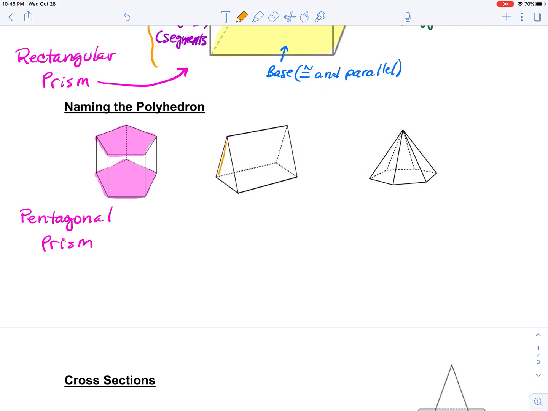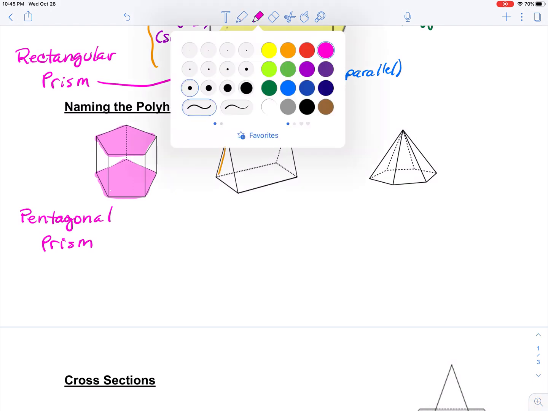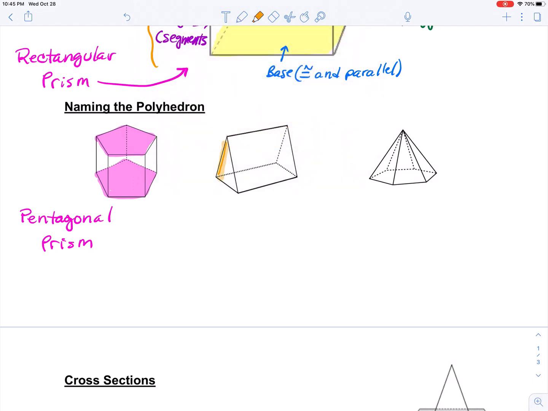Don't be tricked with this one. You have to look for the two shapes that are congruent and parallel. That's the key. They have to be parallel. So this one's sitting on its side. The bases are triangles, so therefore it is a triangular prism.